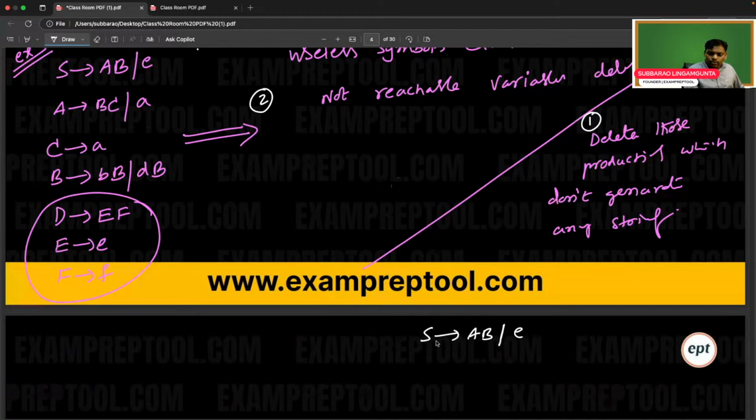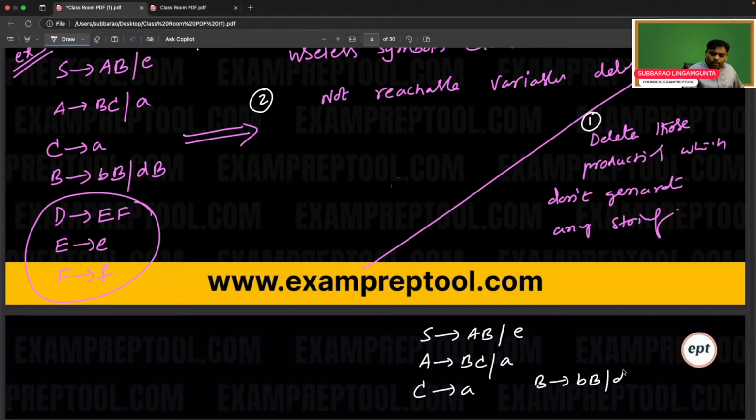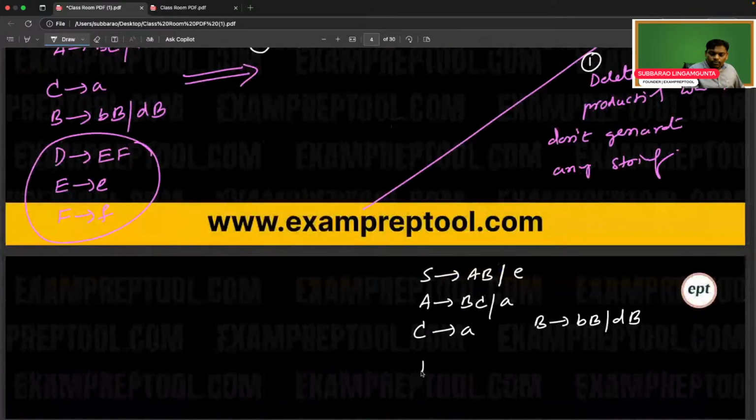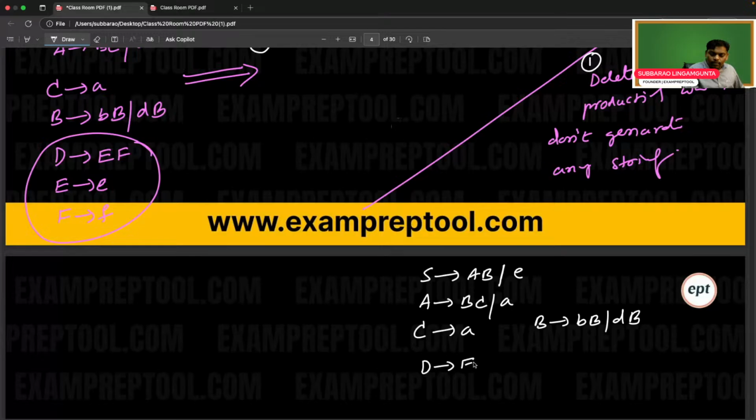A goes to B, C, or A. C goes to A. Next one, B goes to B and B, or D and B. Lastly, D goes to EF, E goes to E, and F goes to F.